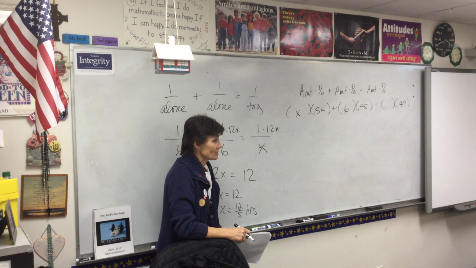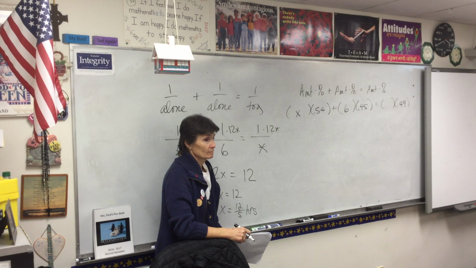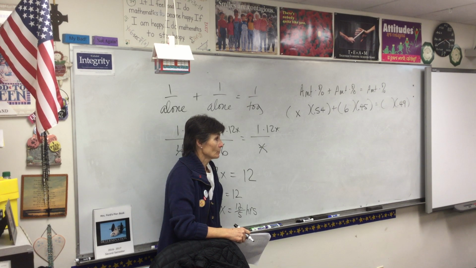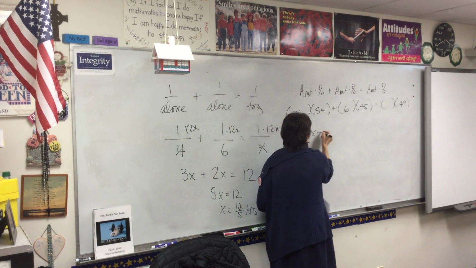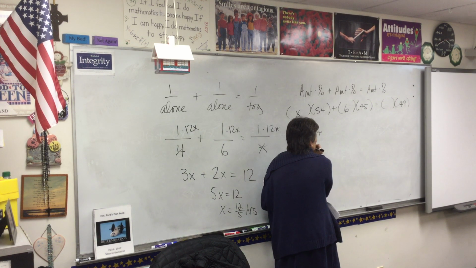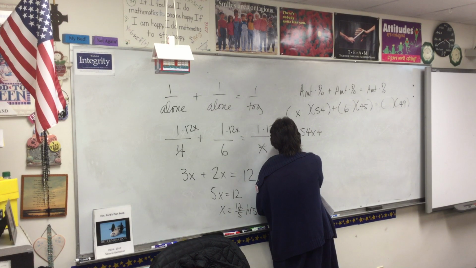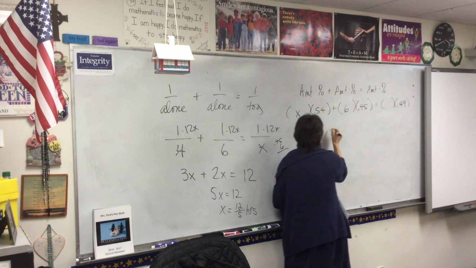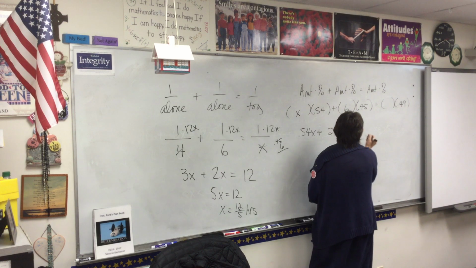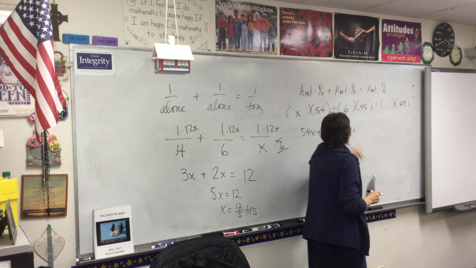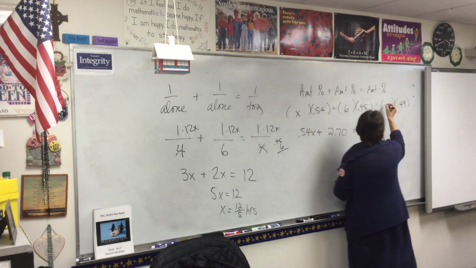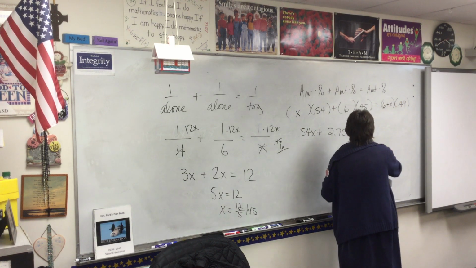Does all that make sense to you? Right? So we have 0.54x. You're going to have a calculator, make sure you remember to bring it. Oh, shoot, what goes in here? x plus 6, or 6 plus x, whichever way you want to write it.